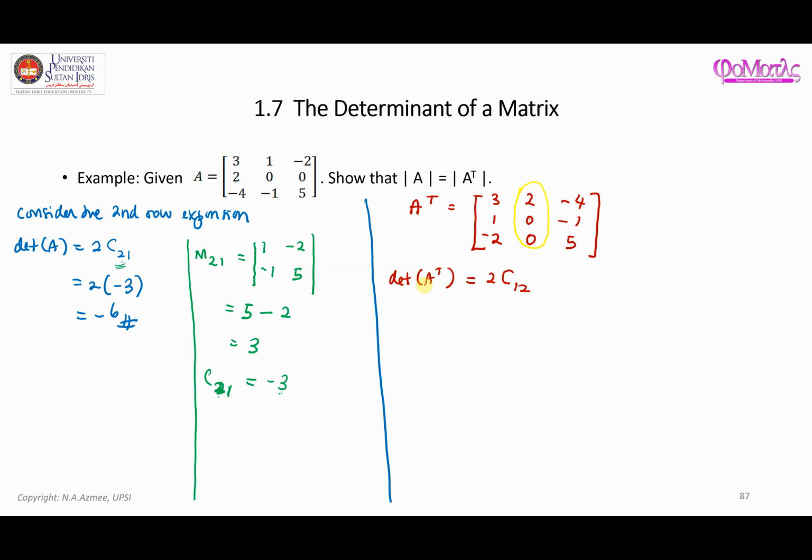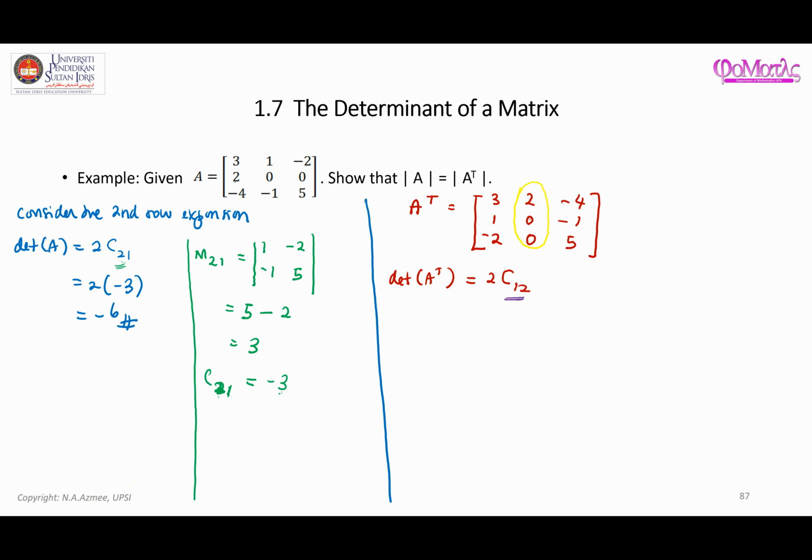So I just write down determinant of A transpose can be obtained by this formula, which is 2 times its cofactor at position 1,2. So here is at position 1,2, the first row and second column. Okay. Right, next is to find the value of C1,2.